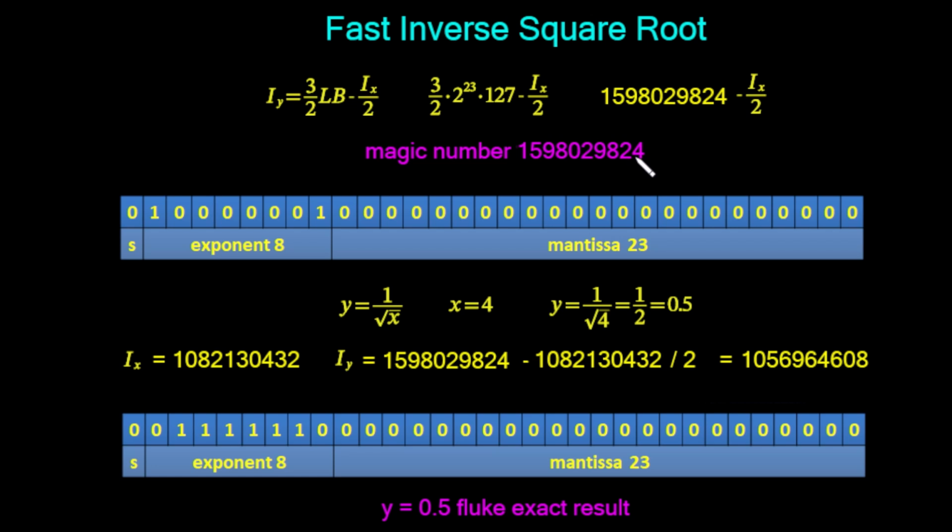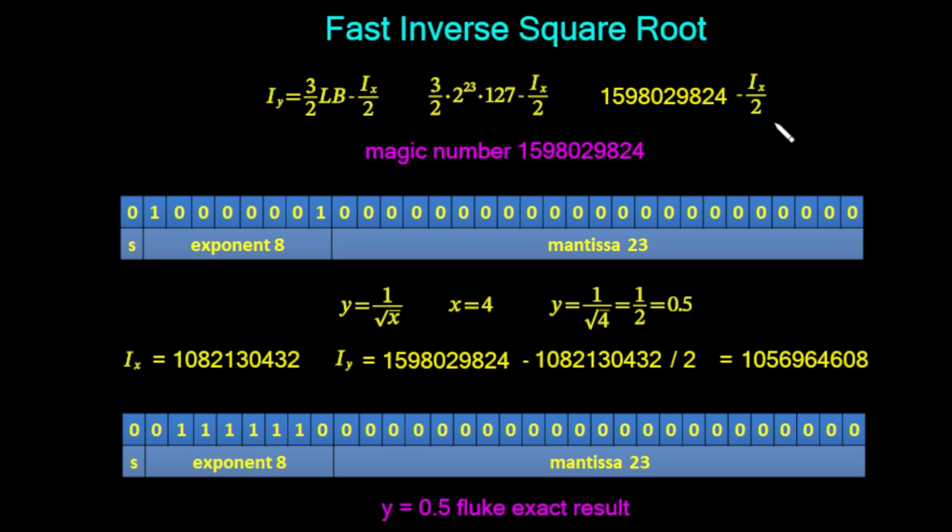1598029824 in decimal. Now the actual magic number that tends to be quoted for a 32-bit floating point number is slightly different from this. And we'll talk about that in the next slide. But first of all, let's just stick with the number that we have generated and see whether it actually works.